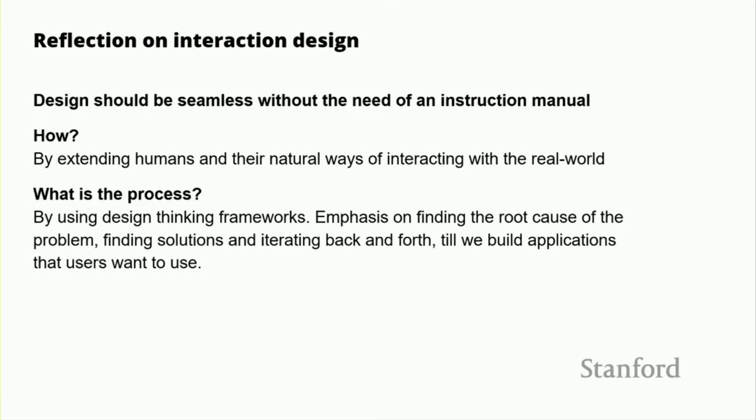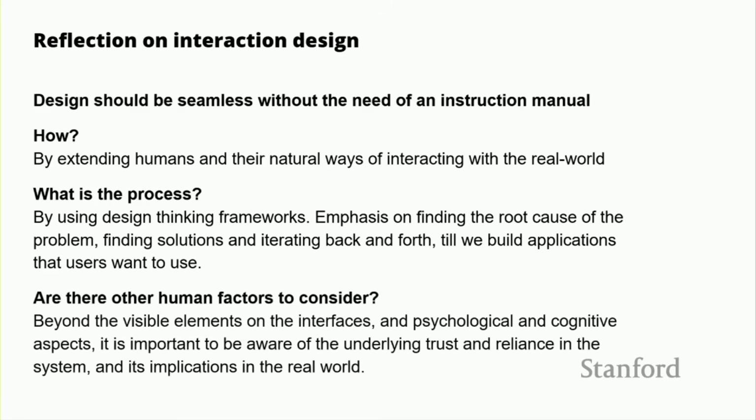Design thinking is very helpful: finding the root cause of a problem, finding solutions, and iterating back and forth, so that you can build applications that users actually want to use as opposed to have to. Beyond the human factors about usability, there are also maybe unseen human factors, like psychological and cognitive aspects, underlying trust and reliance, and implications in the real world, such as ethics and fairness and the other issues we talked about briefly.